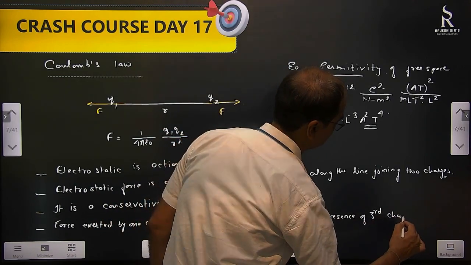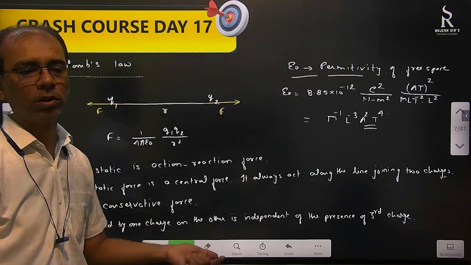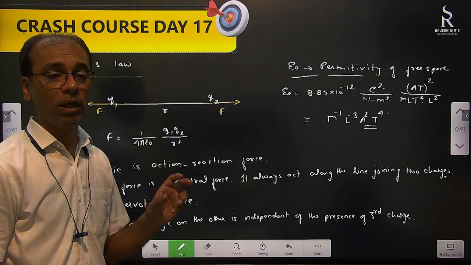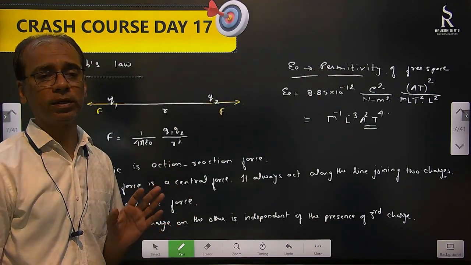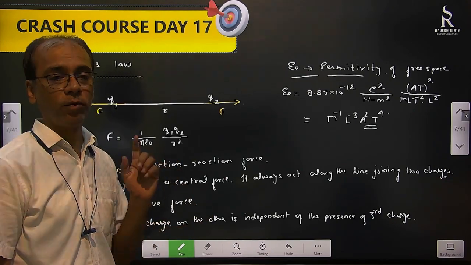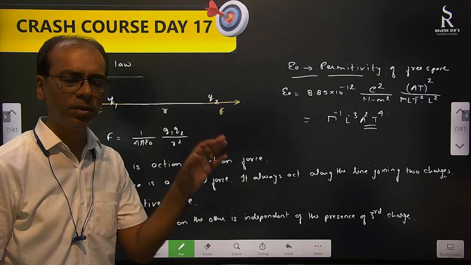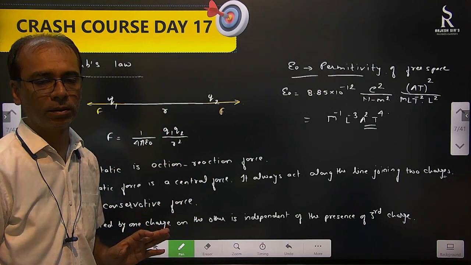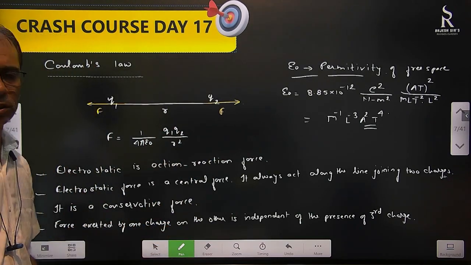That means if three charges are there, Q1, Q2, Q3, then the force of Q1 on Q2 has nothing to do with Q3. Net force on any charge is going to be different, it will be affected by the presence of any charge. But force because of Q1 on Q2 will not be affected by any number of charges present nearby. Remember that.